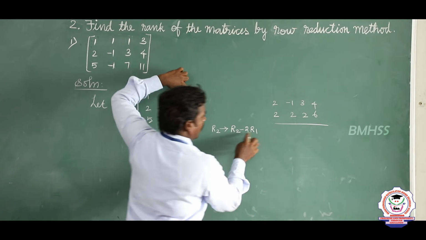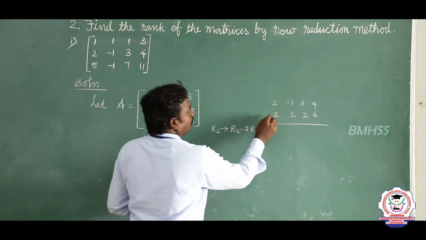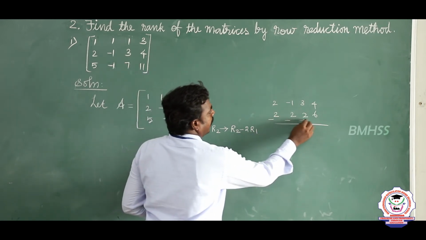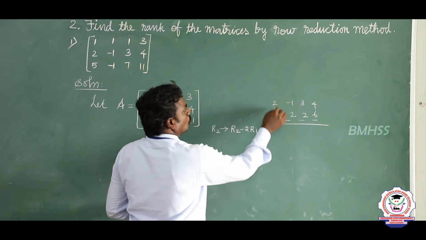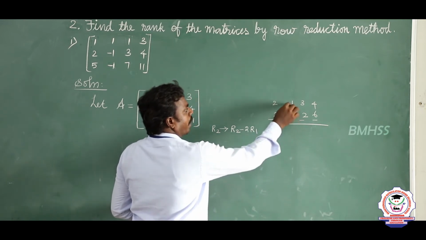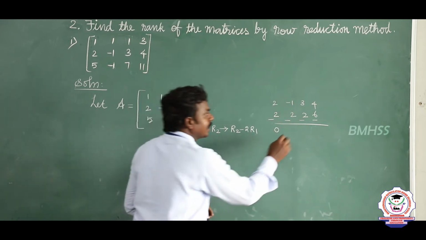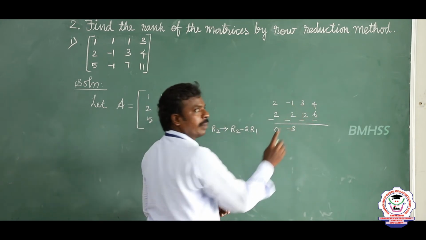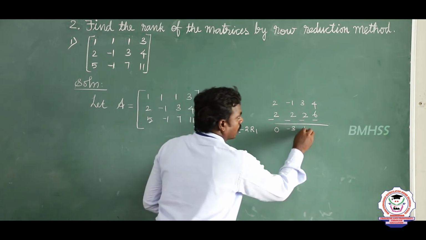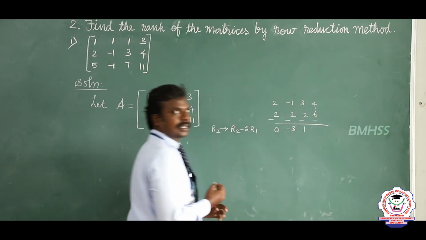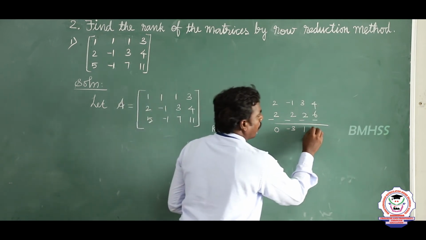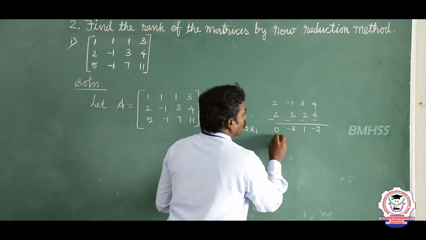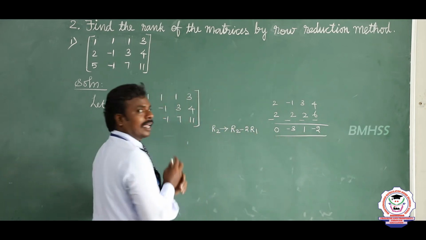Now subtract. 2 minus 2, 0. Minus 1 minus 2, that is minus 3. 3 minus 2 is 1. And 4 minus 6 is minus 2. So this is the second row.